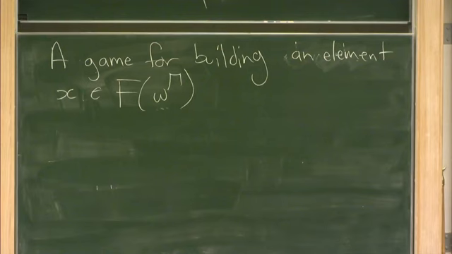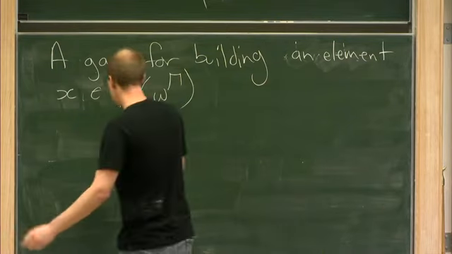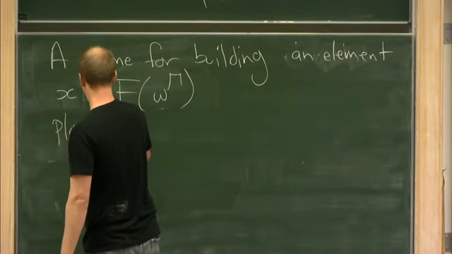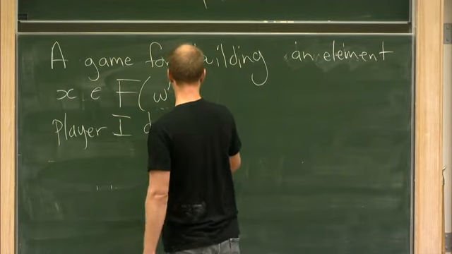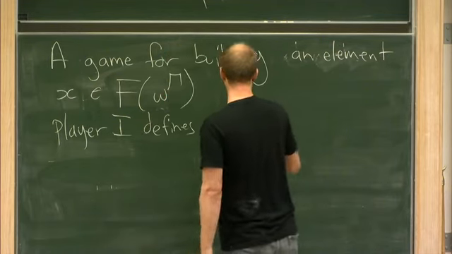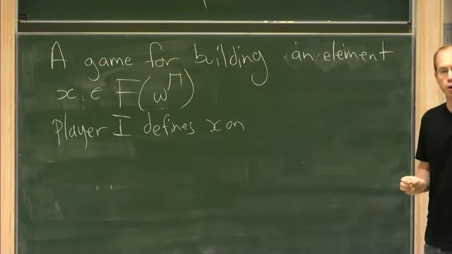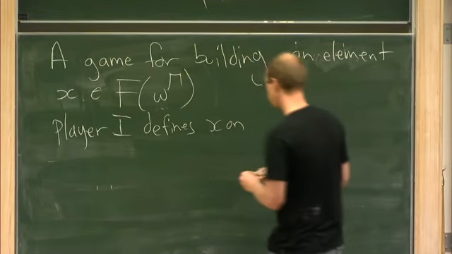Okay? So I'm going to make a game that just makes an integer labeling of this Cayley graph. Okay? And so the idea is that player 1 will define x on reduced words beginning with powers of a.